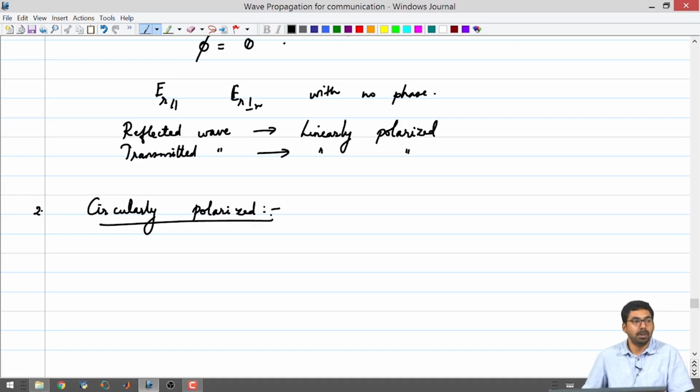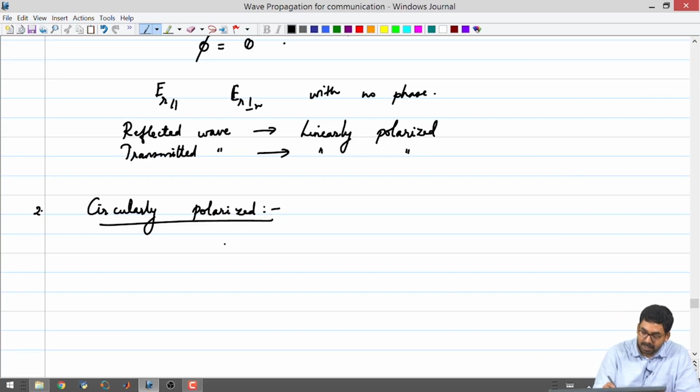If it was plus pi by 2, you would have one handed circular polarization, maybe it is right or left, and if it is the opposite minus pi by 2, you will be having the opposite evolution of polarization, one is right handed, another one is left hand circular polarization.